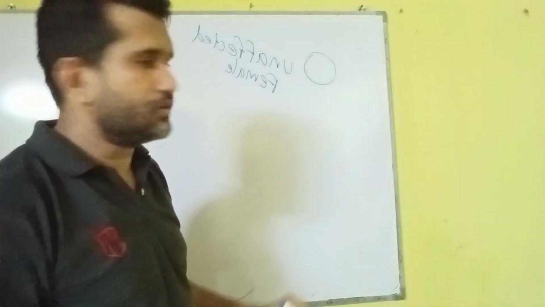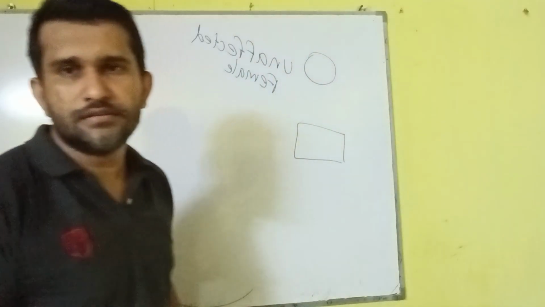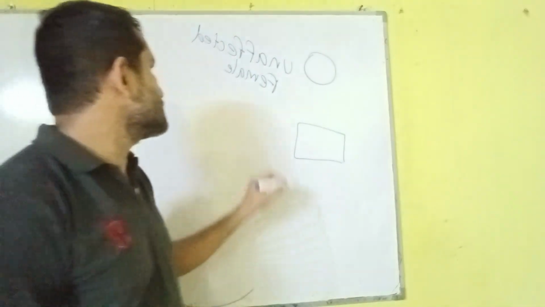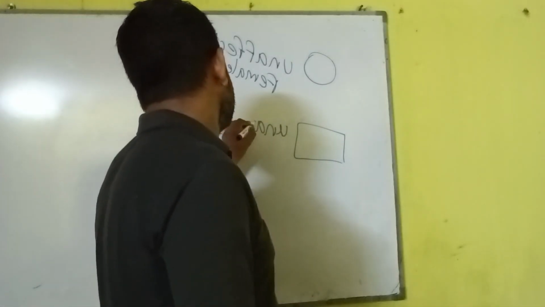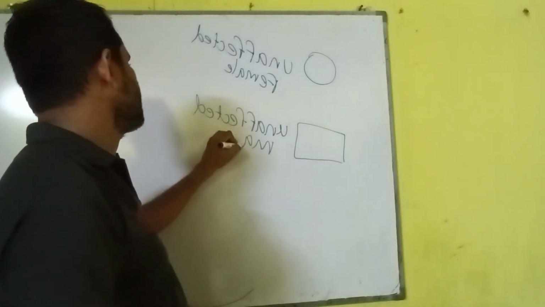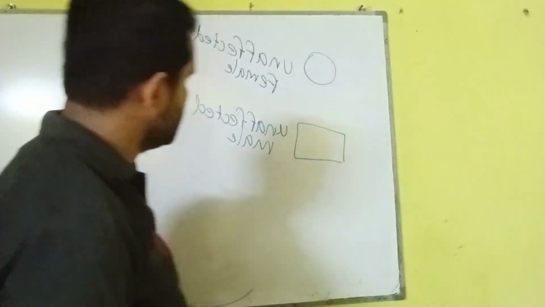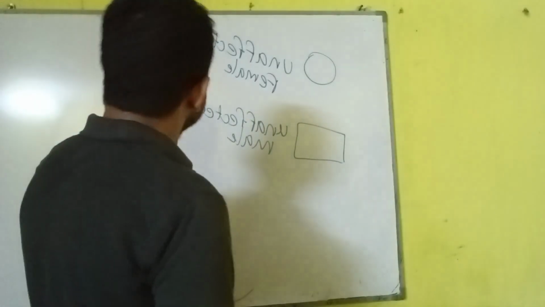If there is a square, if it is uncolored, that is an unaffected male. And if you see any colored circle or colored square, that is an affected person.